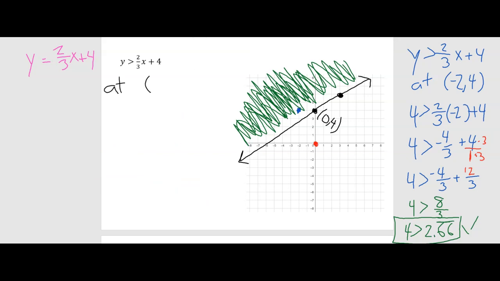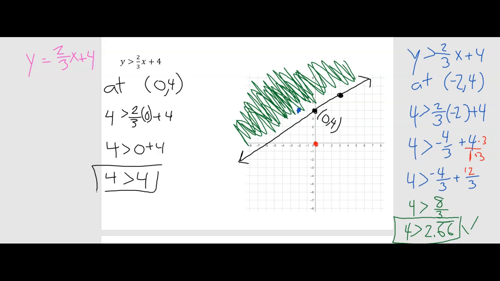At the point 0, 4, that is on the line, I get 4 is greater than 2 thirds times x plus 4. We know that x is 0, so I get 4 is greater than 0 plus 4, and I get 4 is greater than 4. Well, this is false, right? 4 is not greater than 4, it's equal to 4.